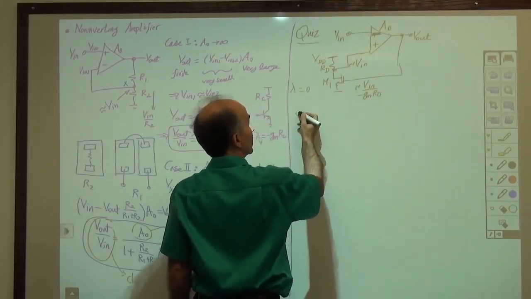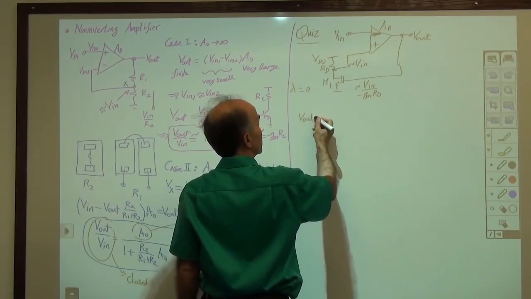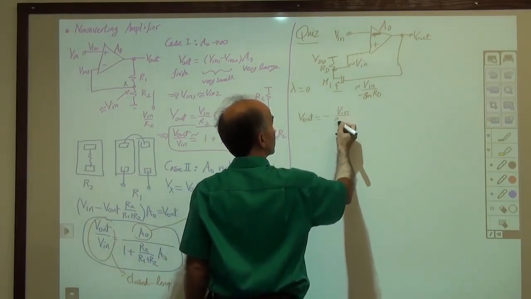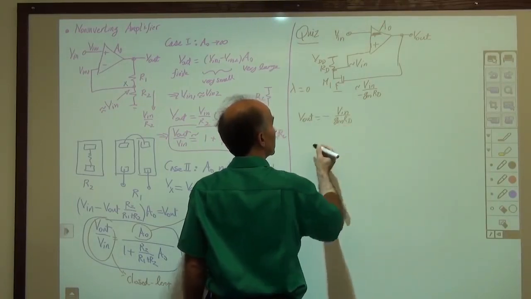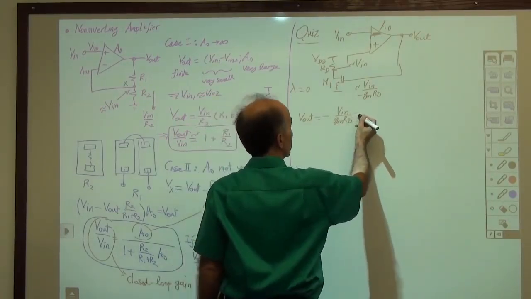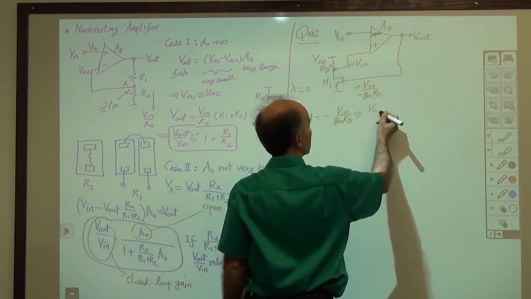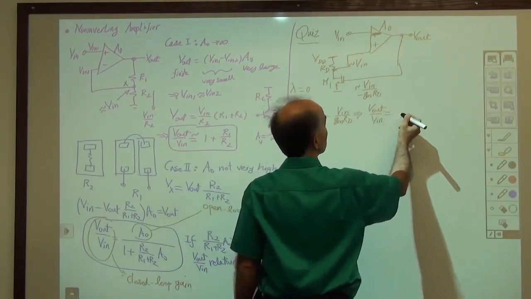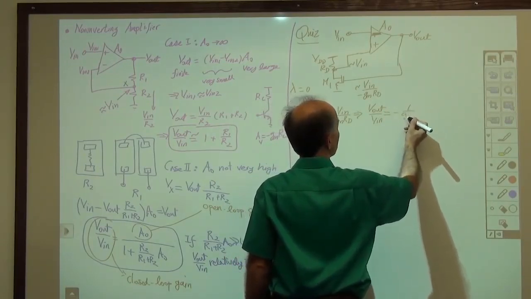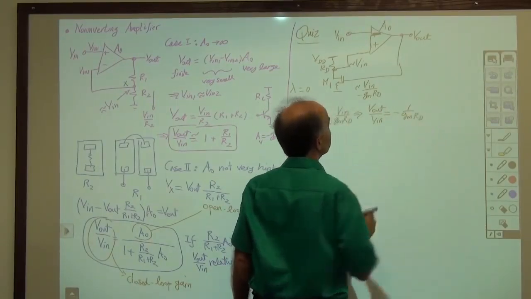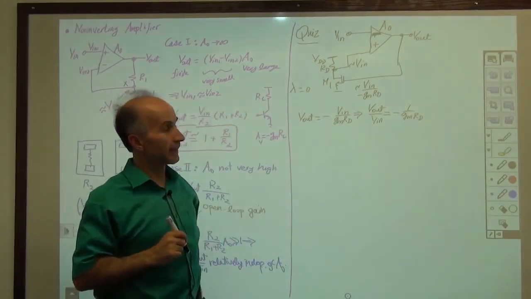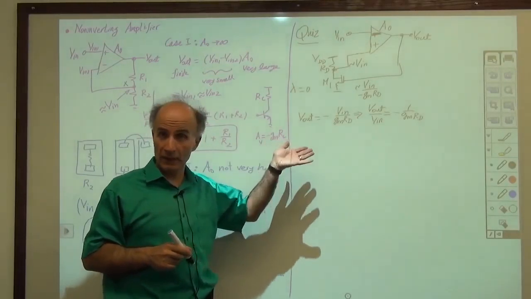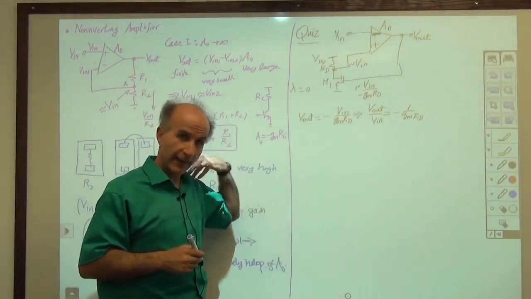So we can say that V out is equal to minus V in over GMRD, and that means that V out over V in is equal to minus 1 over GMRD. All right? So that's a little circuit that we have, not necessarily very useful, but it exercises our knowledge of these things.